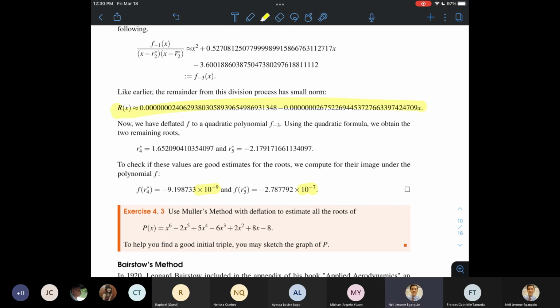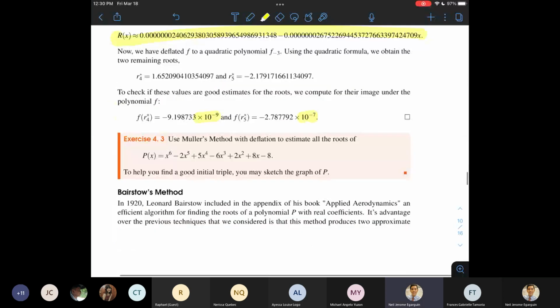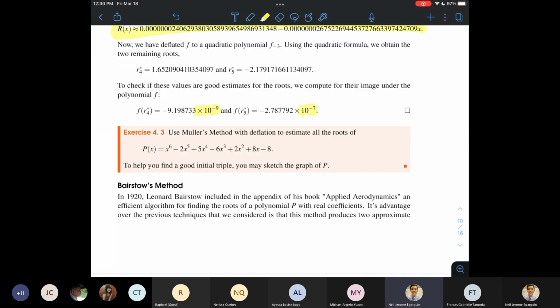All right. So if there are no questions, I'll leave you example exercise 4.3. Okay. So find the roots of the polynomial p using Euler's method with deflation. I guess ang roots nito ay plus or minus 1, plus or minus i, at saka 1 plus or minus.